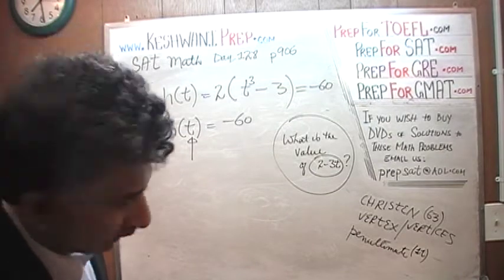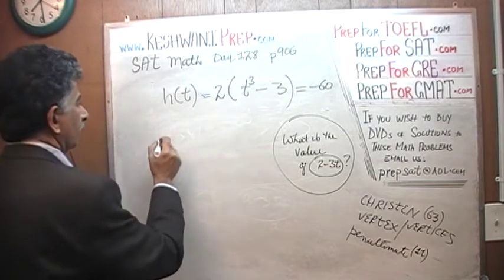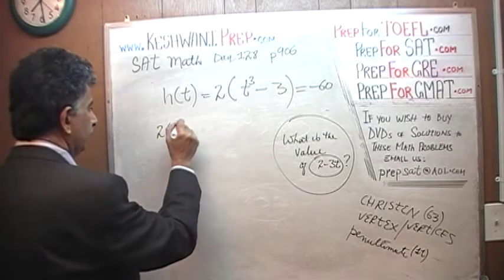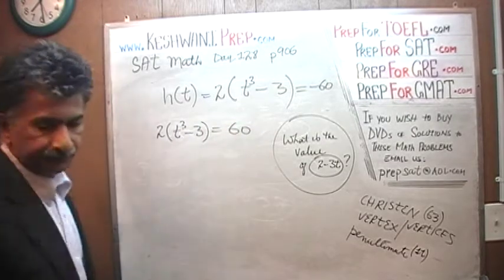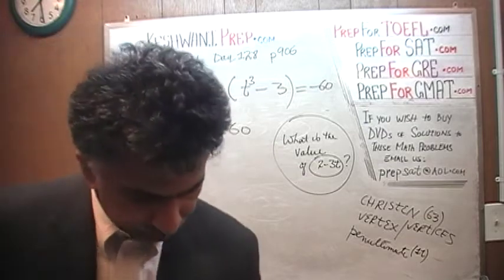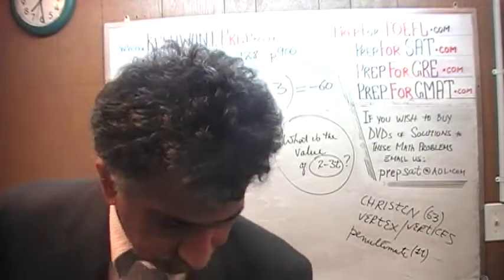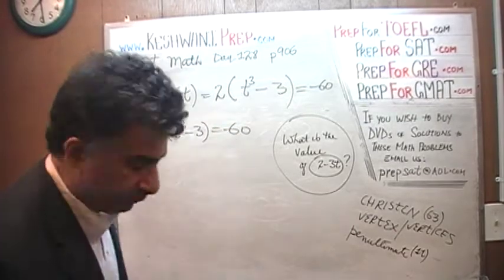And that's what we are interested in. So let's do that here. So 2 times t cubed minus 3 equals 60. Or rather negative 60, isn't it? I messed it up, didn't I? Equals negative 60. And negative is very important here.